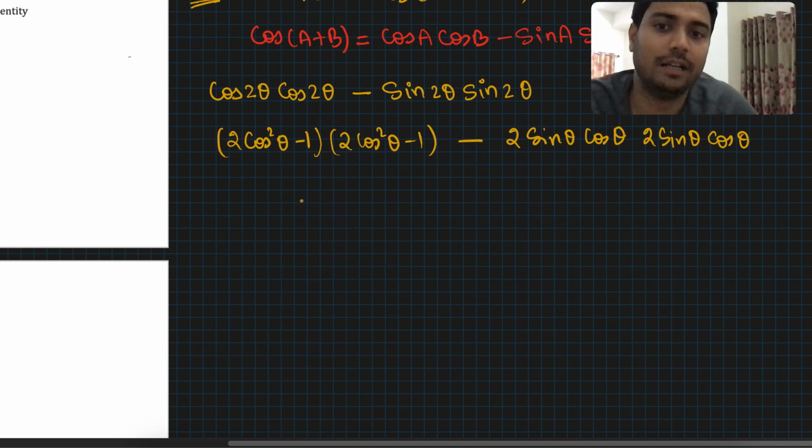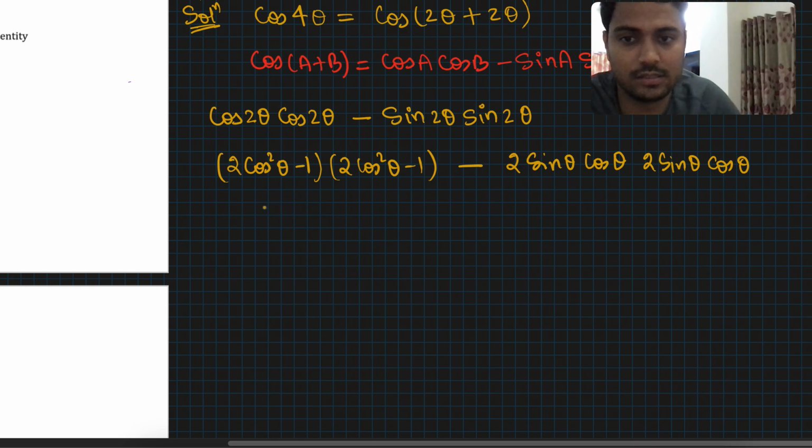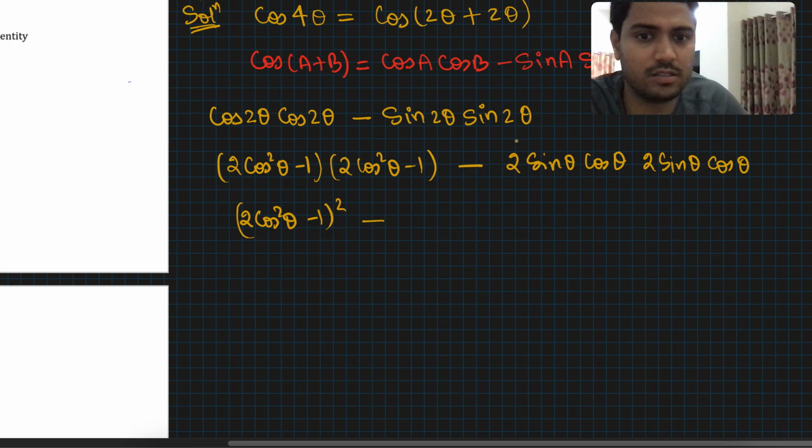So 2 cos square theta minus 1 multiplied by 2 cos square theta minus 1 can be written as 2 cos square theta minus 1 the whole square, and this can be written as, see, 2 into 2 is 4, sin into sin square theta, cos into cos square theta.